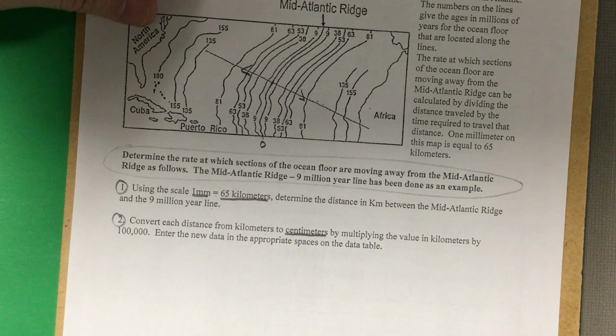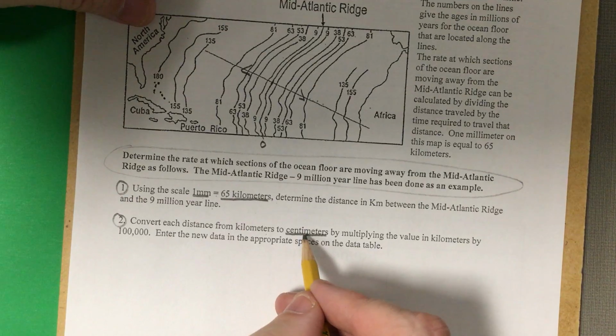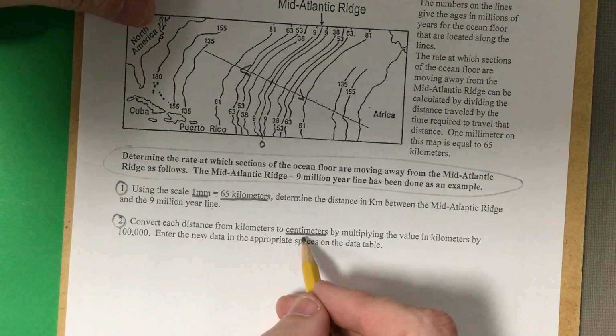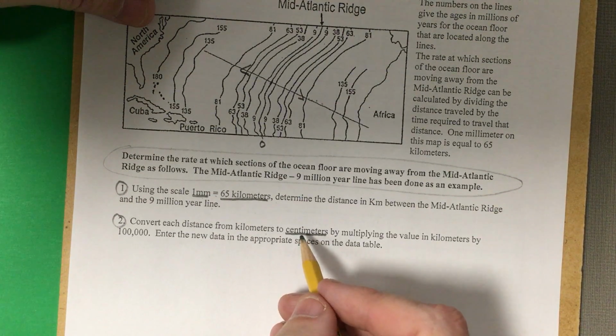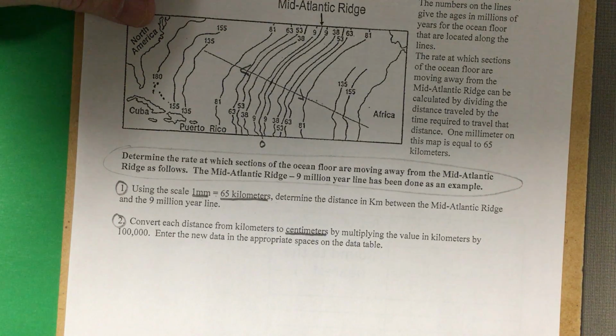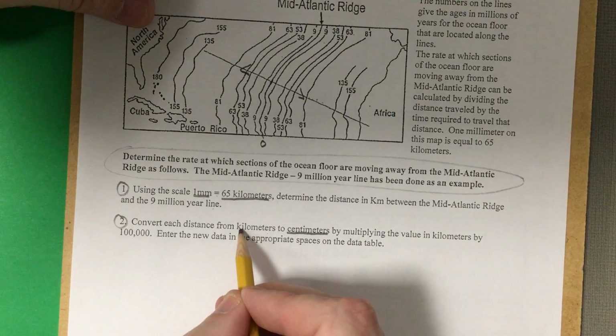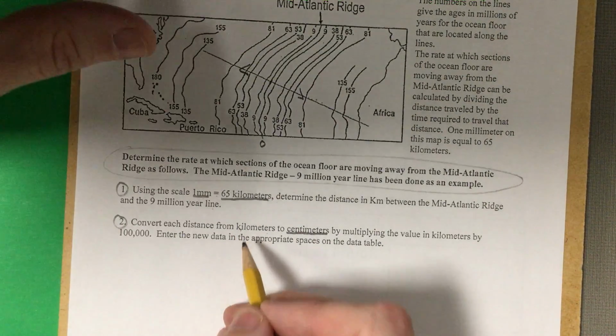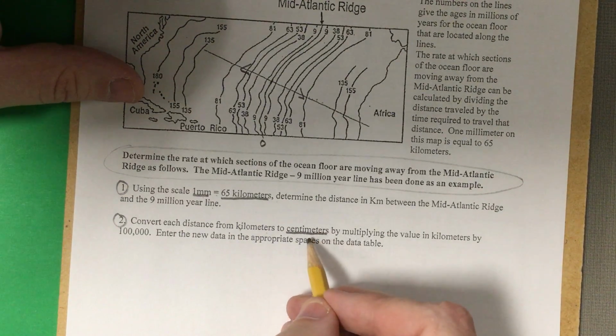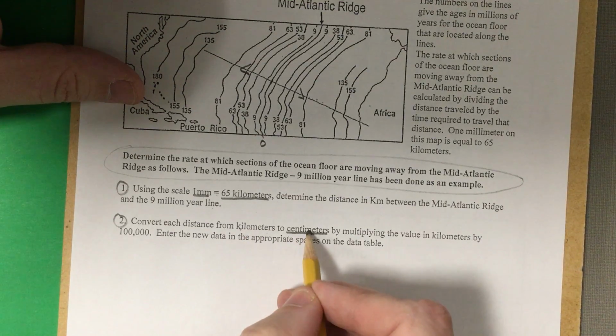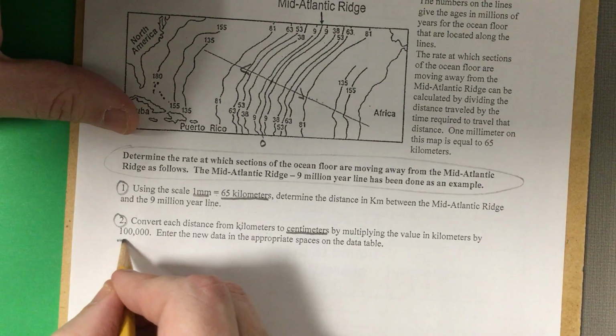So we're going to switch it over to centimeters, so we'll get a number that's easier to understand. We already found the kilometers, and now we're going to convert those kilometers into centimeters by multiplying by 100,000.